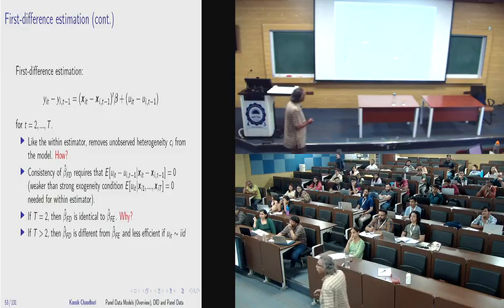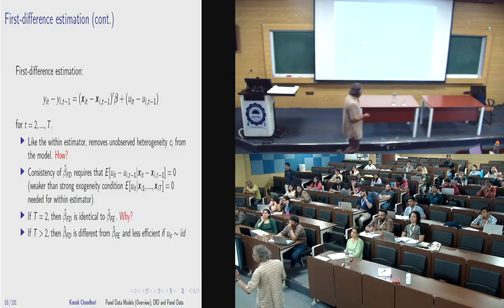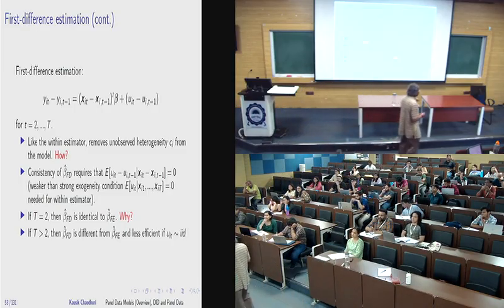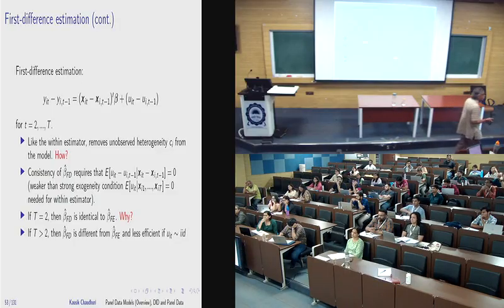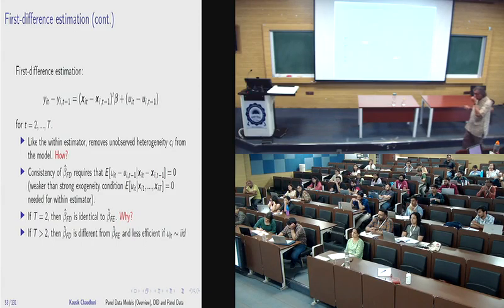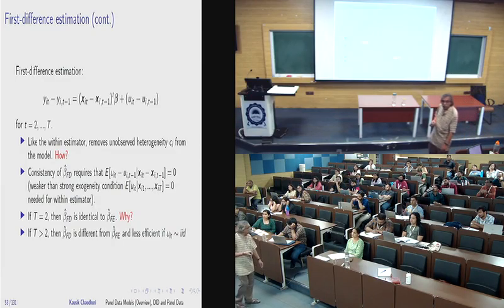If T is greater than 2, I'm sorry, then beta hat FD is going to be different from beta hat FE, and it will turn out to be inefficient, or less efficient, compared to your beta hat FE, if u_it is independently and identically distributed. Clear?